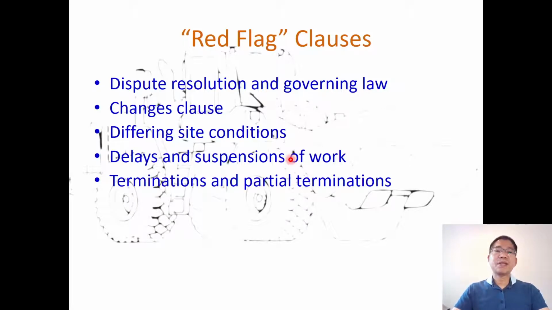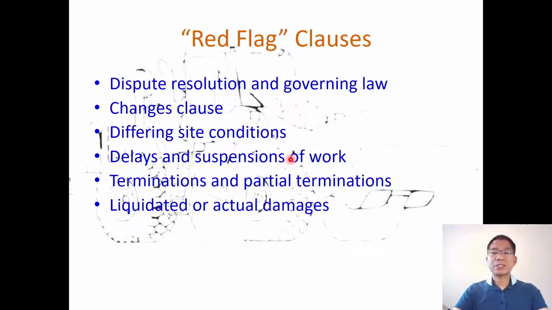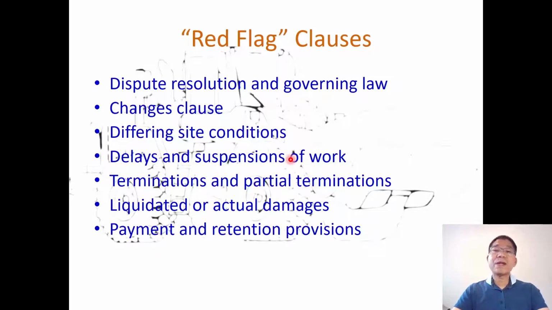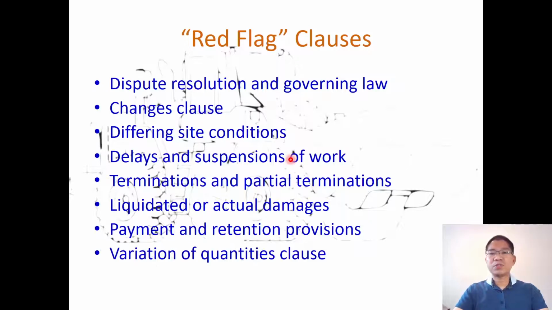Terminations and partial terminations, like what happened during the pandemic, where you had partial terminations because of social distancing, etc. Liquidated damages, or actual damages: when the project is delayed, what should be the liquidated damages that the contractor has to pay the owner, etc. Payment and retention provisions, which we covered in the previous lesson on financial management of construction, so you know what payment and retention are.